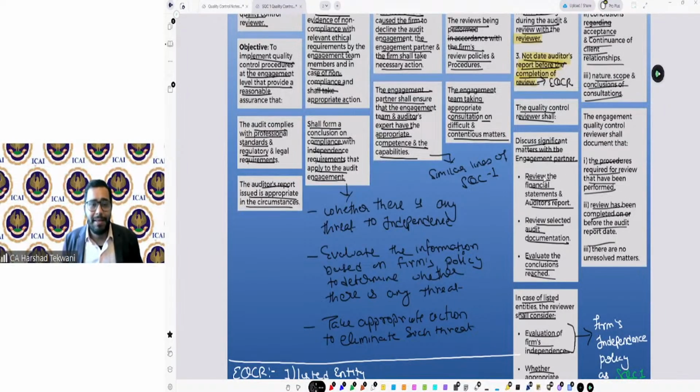Means it should not be the scenario that the engagement partner has issued the audit report before the EQCR signs this particular review report. And lastly, there should not be any matter which is unresolved. Means no open difference of opinion. Everything should be closed. So that is the documentation responsibility upon the engagement quality control reviewer.